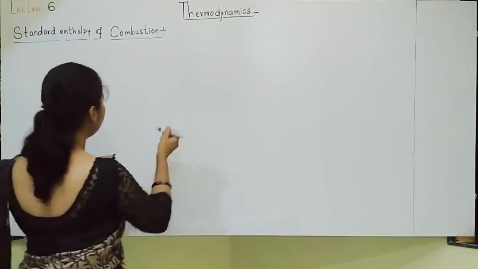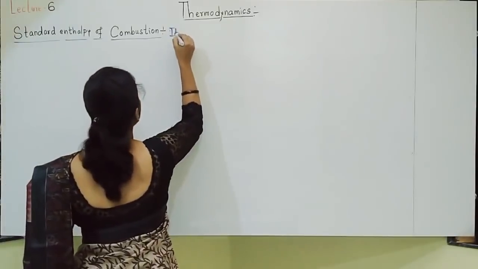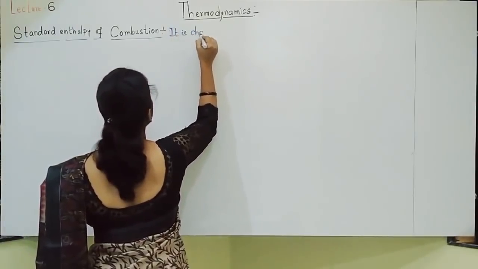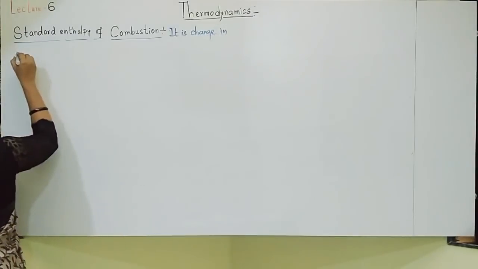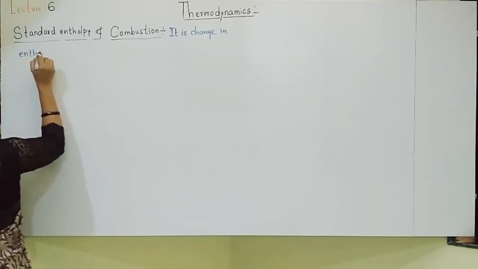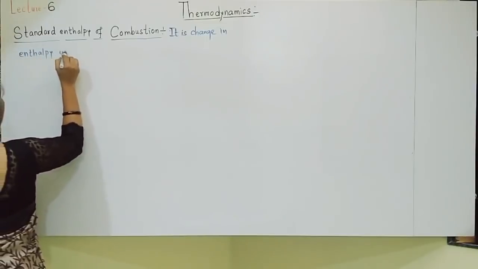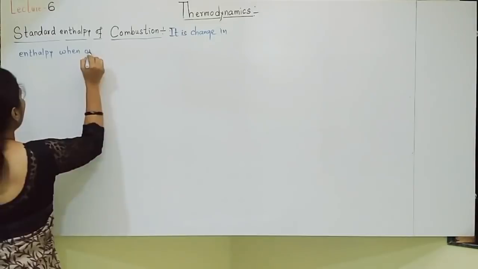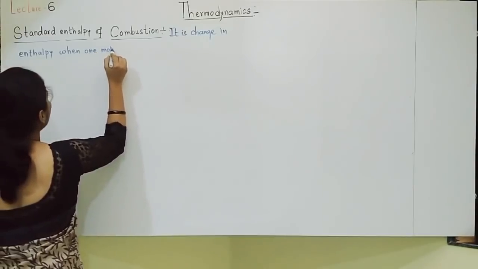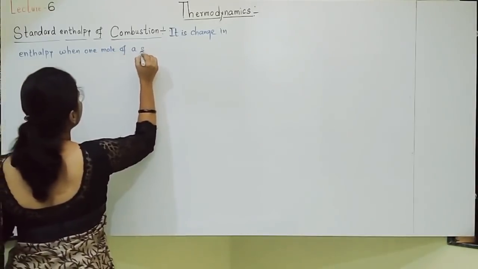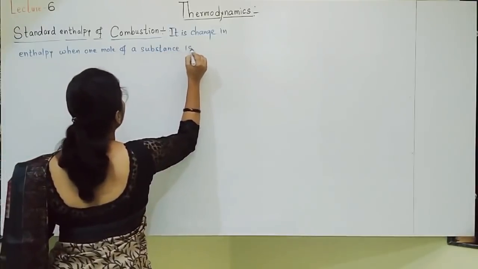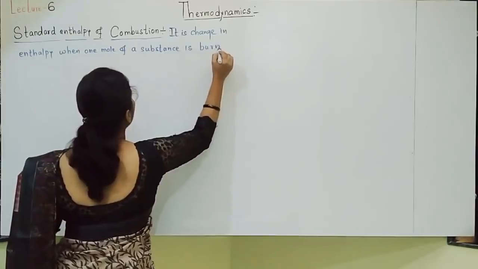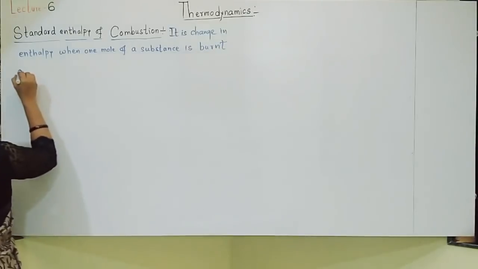So what is standard enthalpy of combustion, students? Let us see the definition. It is the change in enthalpy when 1 mole of a substance is burnt completely in air.